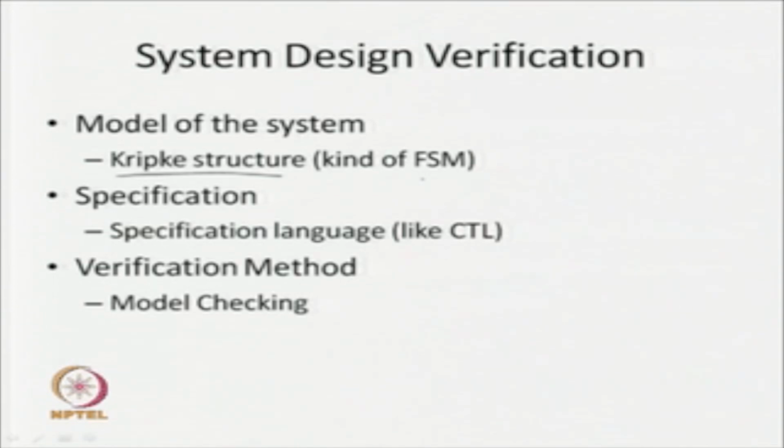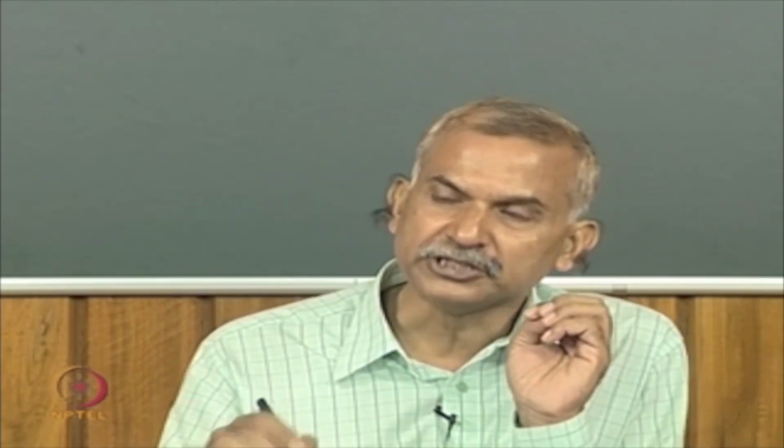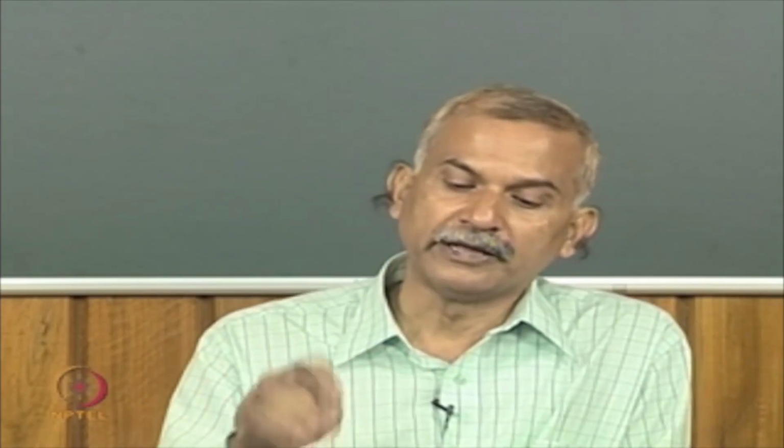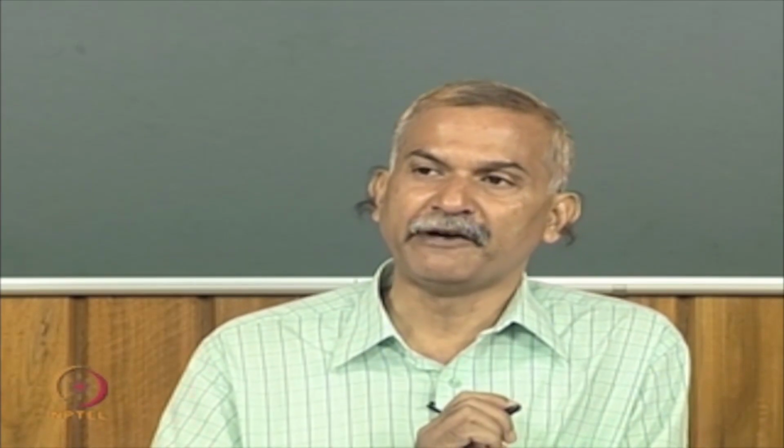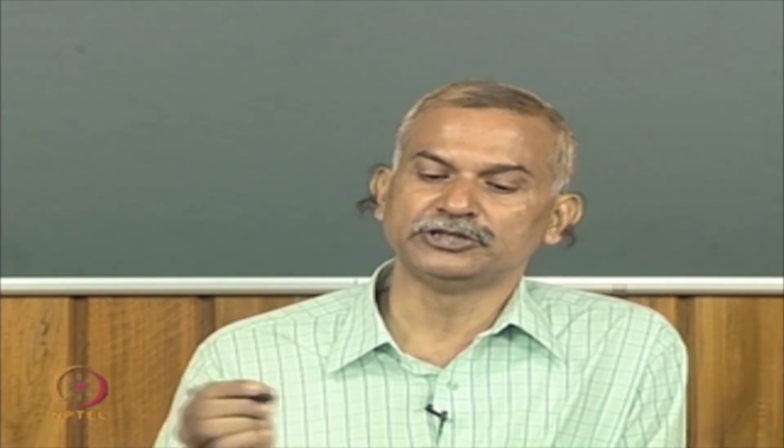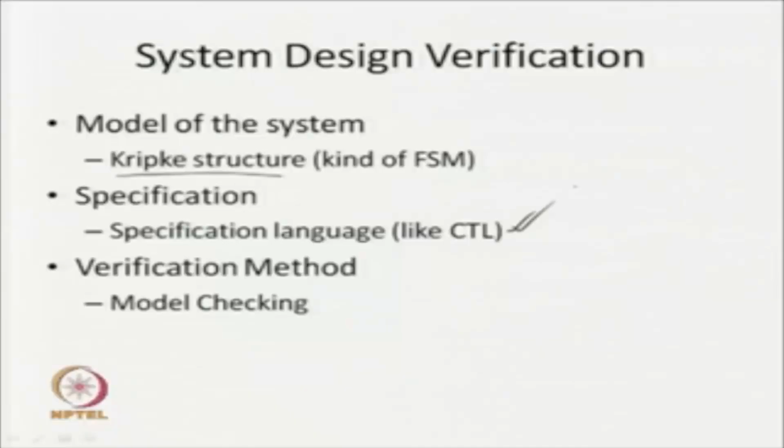After that, we have to give our specification, or the property that must be satisfied by my model. In this course, we have discussed one specification language, which is called CTL, computation tree logic. With CTL, we can give the specification, and after that we need the verification method by which we check whether the given specification is true in the model or not.